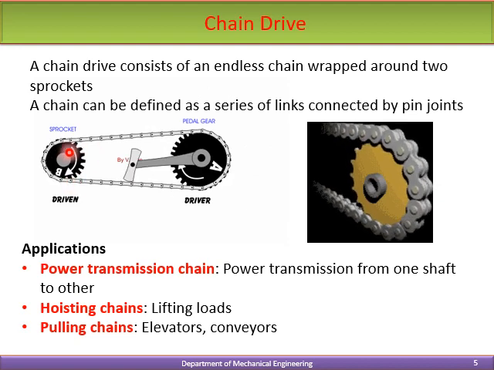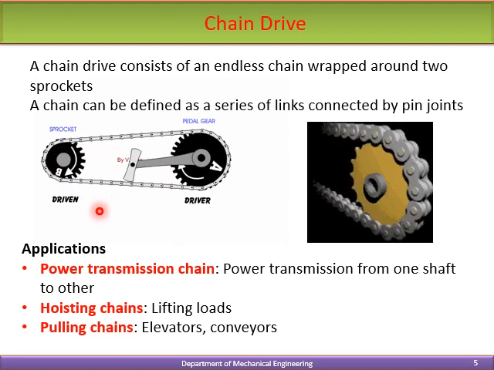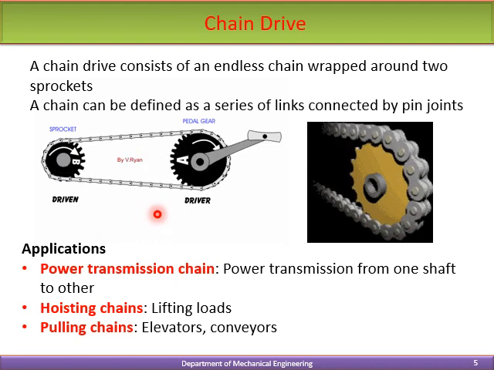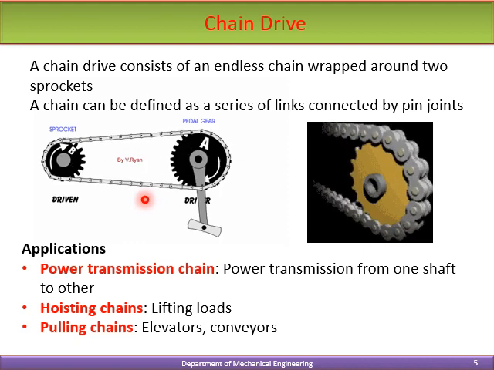The chain drive consists of an endless chain wrapped around the sprockets as shown in this animation. The chain can be defined as a series of links connected by pin joints. The sprocket is a toothed wheel with a special profile for the teeth.